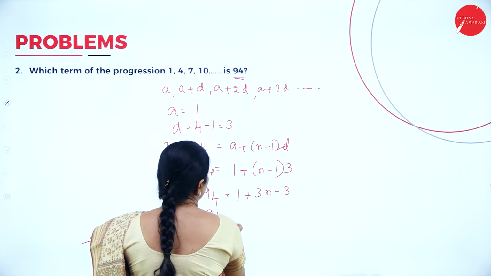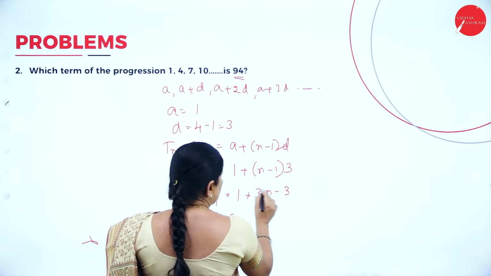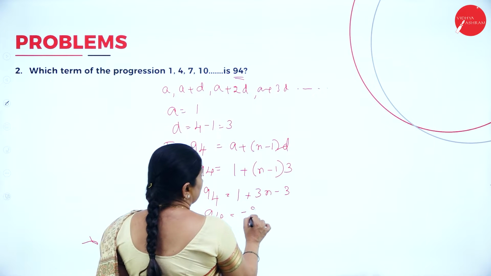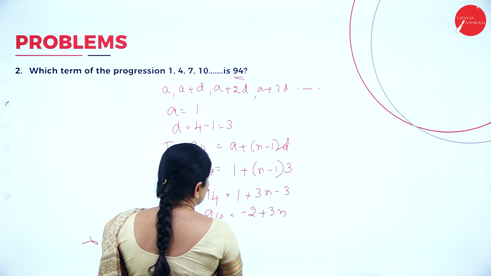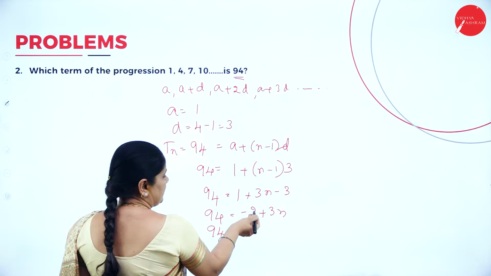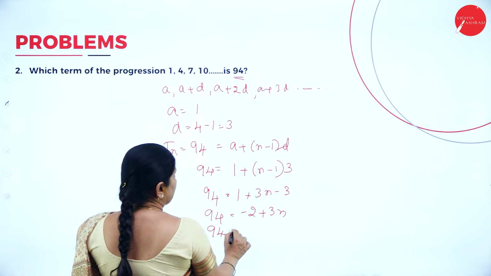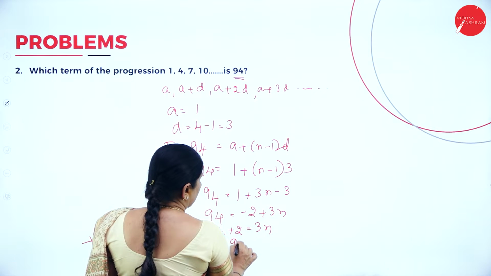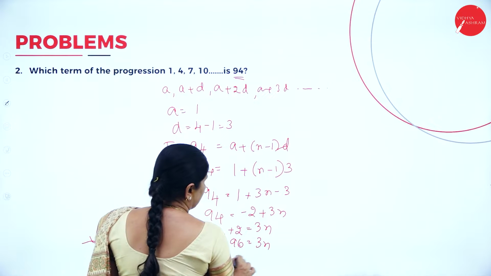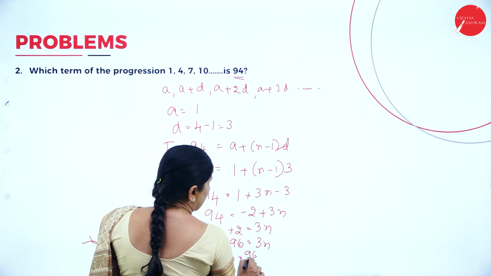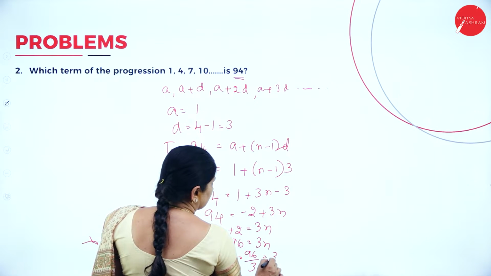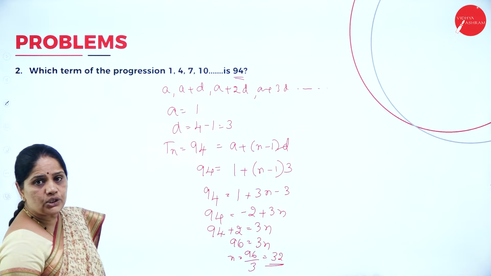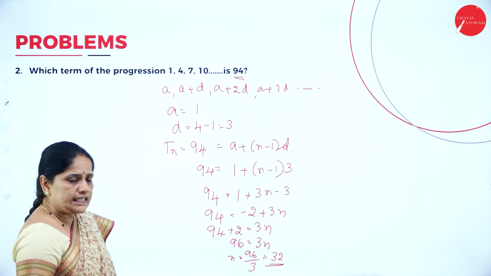So 94 equals minus 3 plus 1, that will be minus 2 plus 3n. So 94, I bring it to the left hand side of the equation. So 96 equals 3n, n equals 96 by 3, that is 32. So 3 3s are 9, 3 2s are 6. So n is 32.